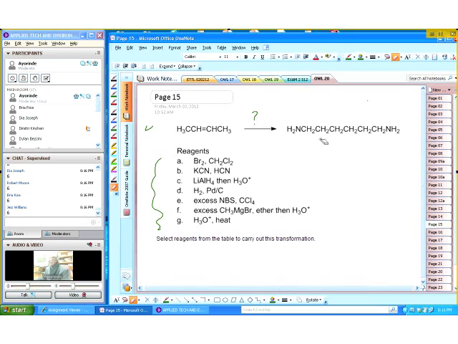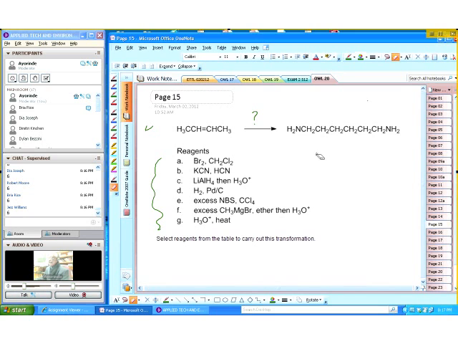So we want to go from here to here. So therefore, we definitely need to make new carbon-carbon bonds. And at the same time, we are supposed to make primary amines, indeed 2 primary amines. Okay?